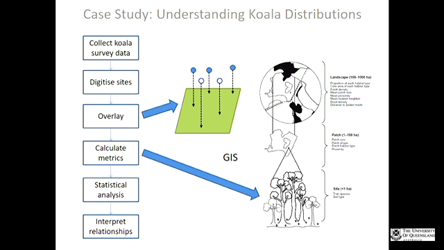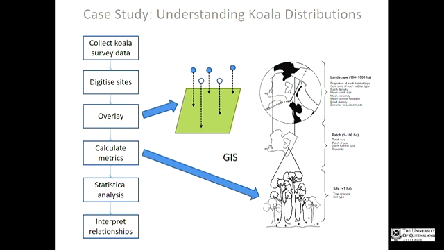And then we'll try and build relationships. So we calculated some metrics, we did some statistical analysis looking at those relationships, and then some interpretation of those relationships. And so GIS was critical in this sense for taking that spatial representation and using it to understand the relationships between different variables at the same points in space.